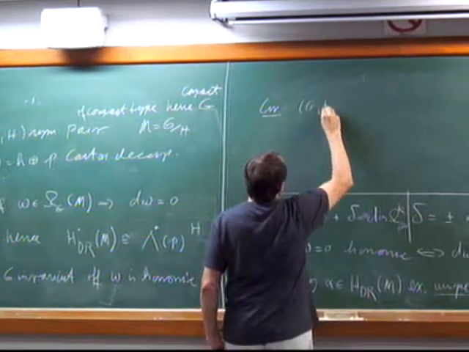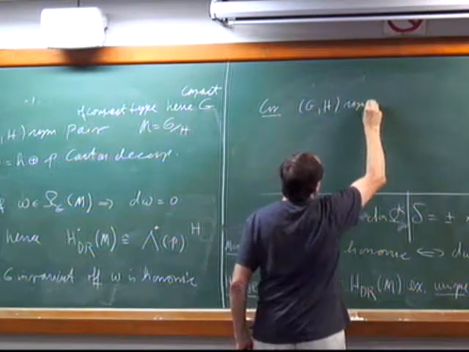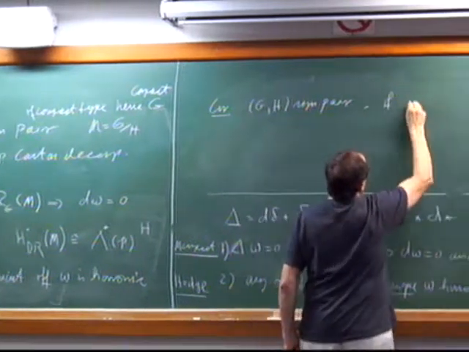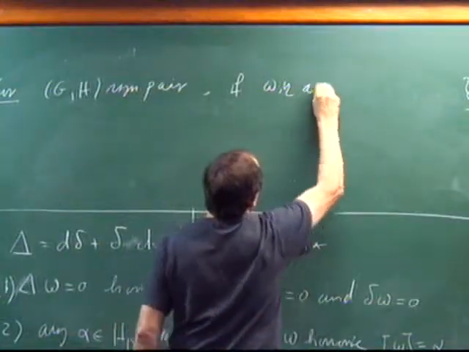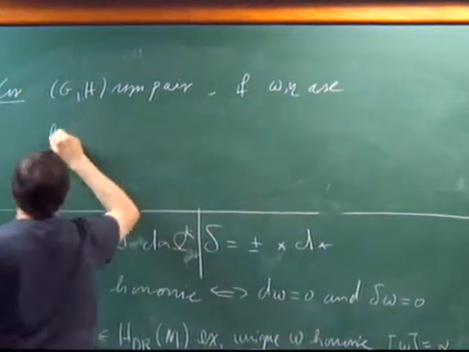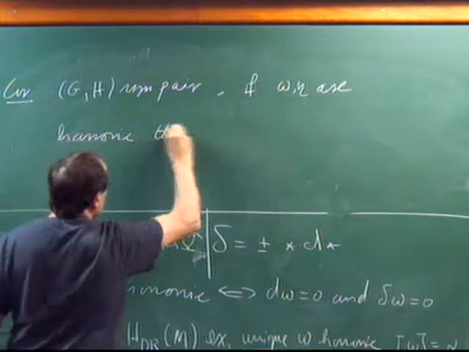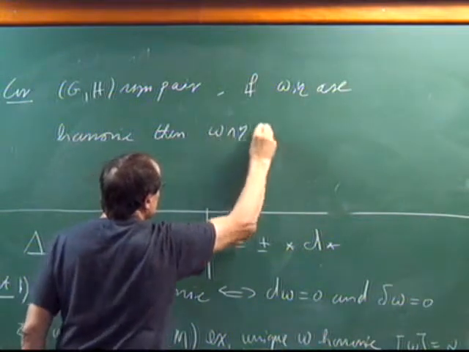So (G, H) a symmetric pair. If omega and eta are harmonic, then the wedge product is harmonic.